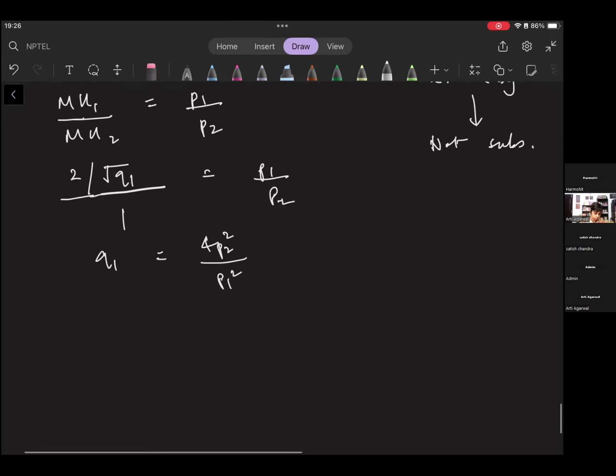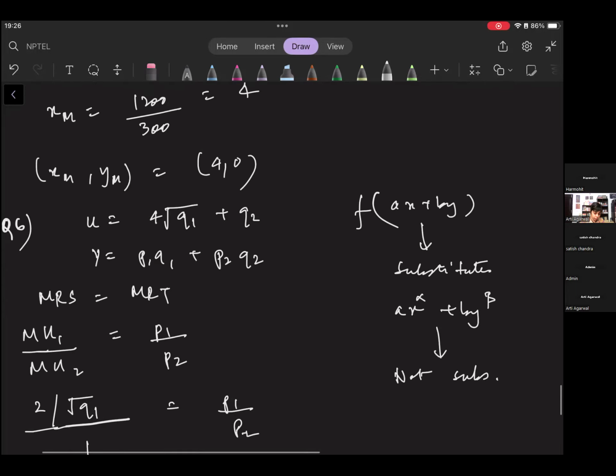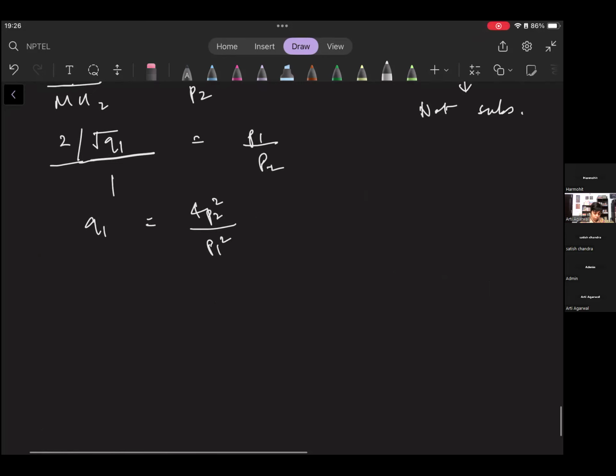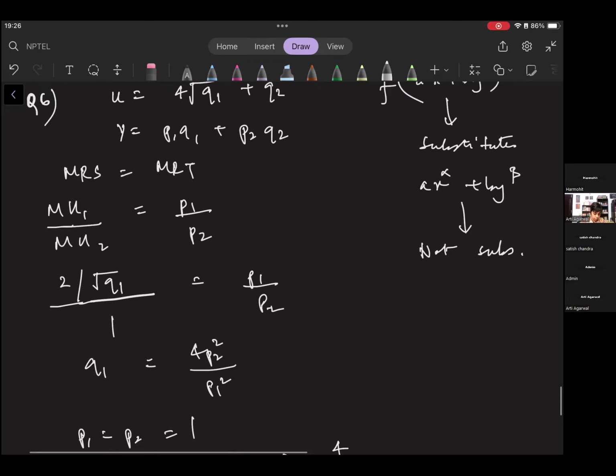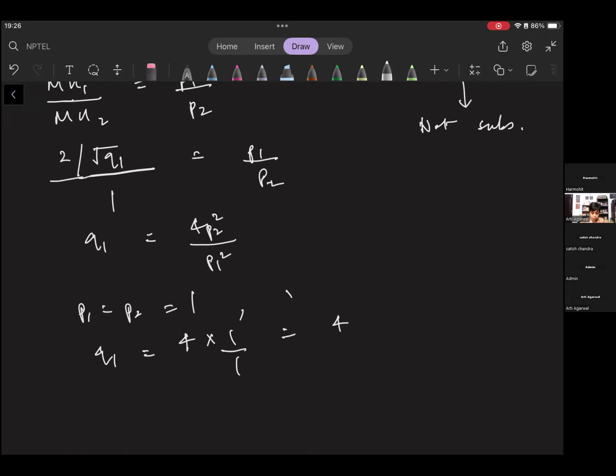This is your demand function for good 1. Now let me write the values we are given. P1 is equal to P2 is equal to 1 initially. So initially Q1 is equal to 4 into 1 by 1, which is 4. We also have the budget.